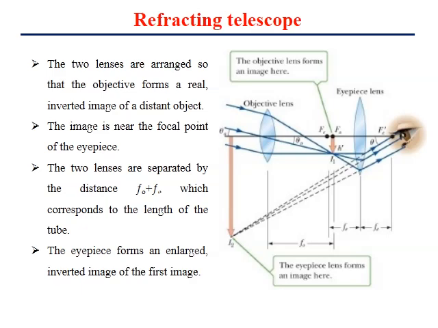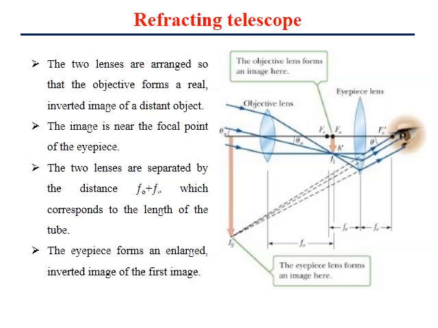So now coming to how refracting telescopes work. Refracting telescopes, as already mentioned, consist of two lenses. The two lenses are arranged so that the objective forms a real inverted image of a distant object. For telescopes, the object is of course at a very large distance, which is why telescopes are used. The image is near the focal point of the eyepiece.